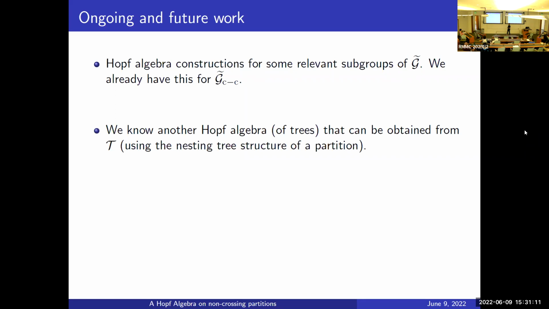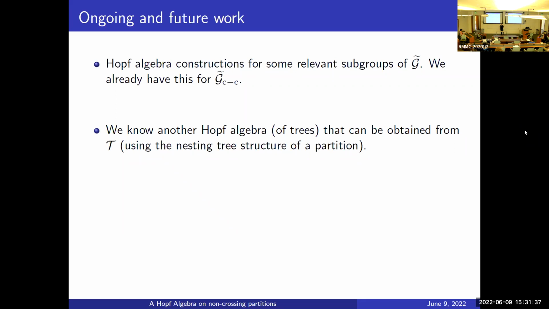The other thing is that there are other Hopf algebras that can be related in this way. I just showed you a way to go from T to sim. There are other Hopf algebras, for instance Hopf algebras on trees, that can also be related to T. That's very interesting because there have appeared relations to trees or to graphs.